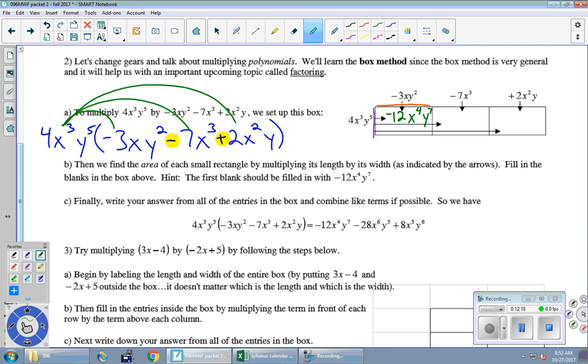Let's take a look at the middle rectangle. The length of the middle rectangle, I'm going to put up here in blue. What's the width of that middle rectangle? What color? It's purple again. Right? The length is up here in blue. The width is a little bit far away, but it is the same purple width that the first rectangle had. So we are multiplying now blue times purple and putting the answer in the box.